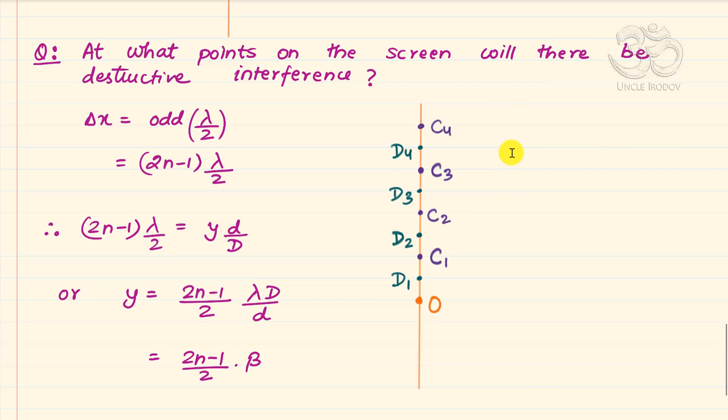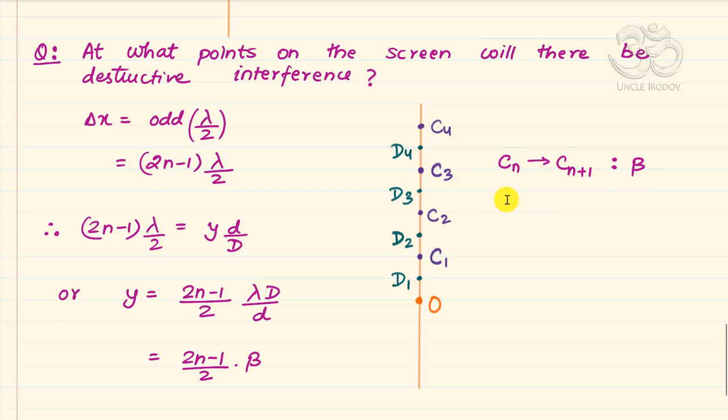So now I know something about this interference pattern, and that is that the distance between Cn and Cn plus 1 is going to be beta, where this is the nth location of constructive interference and this is the n plus 1th location of constructive interference.